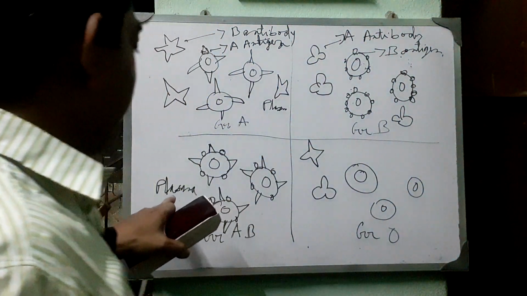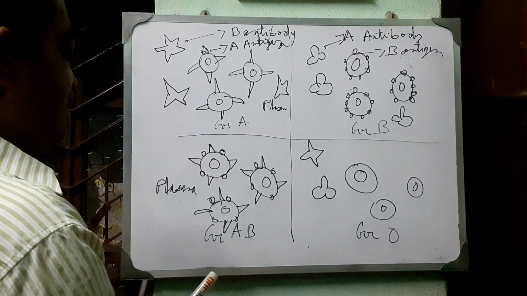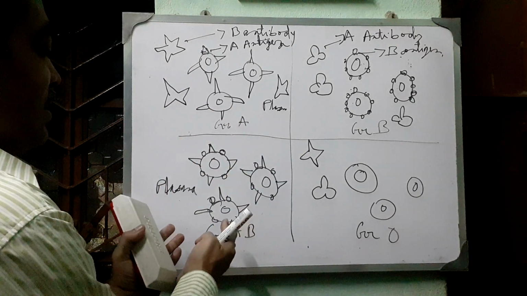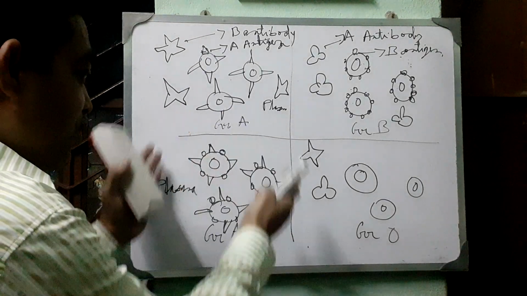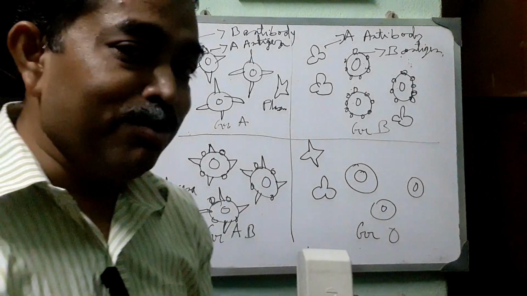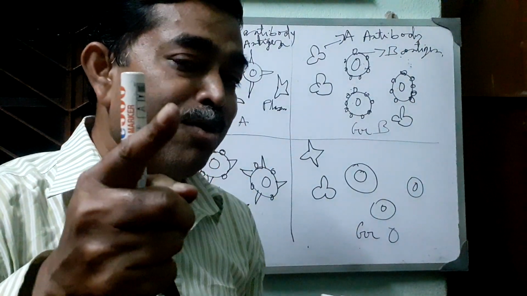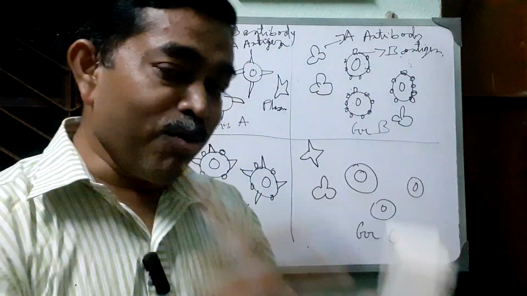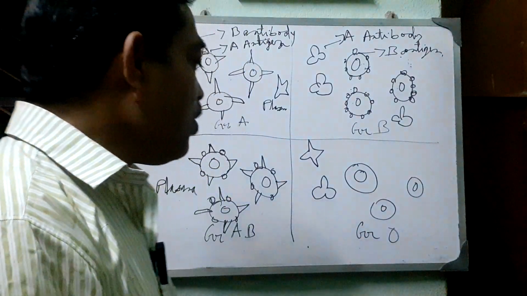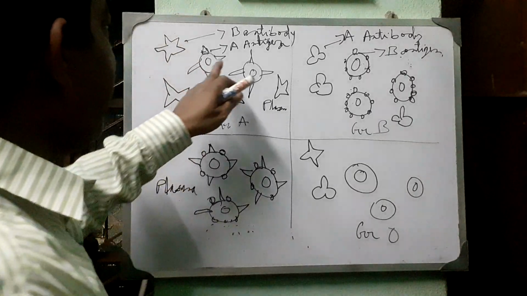And in case of AB group blood, both are self antigens. When self antigen is present, the corresponding antibody will not be produced by the body, because it recognizes it as self. So this is the common funda.